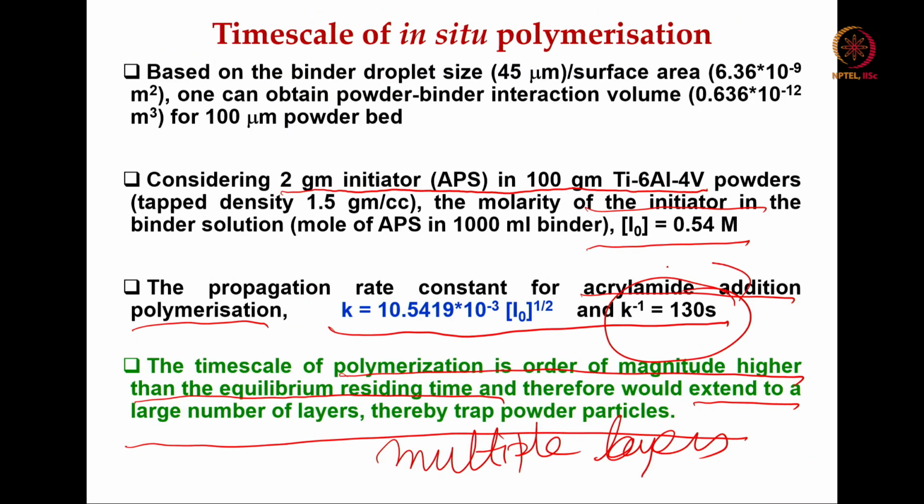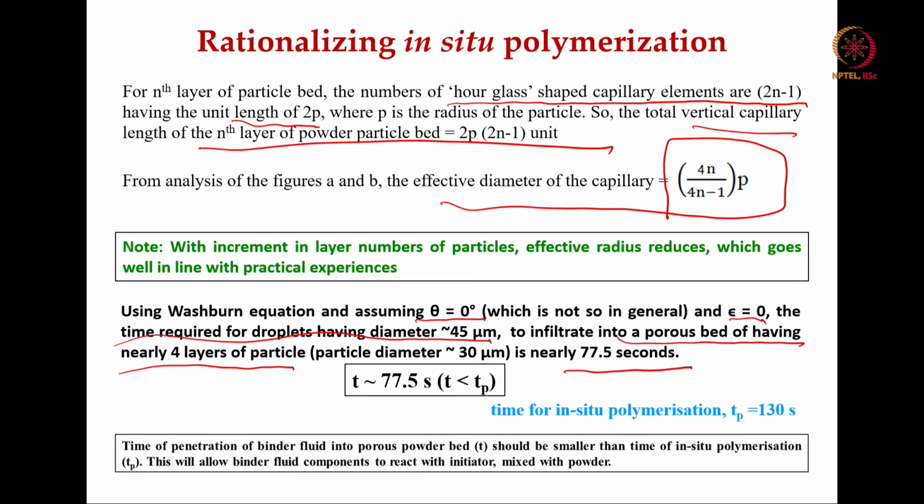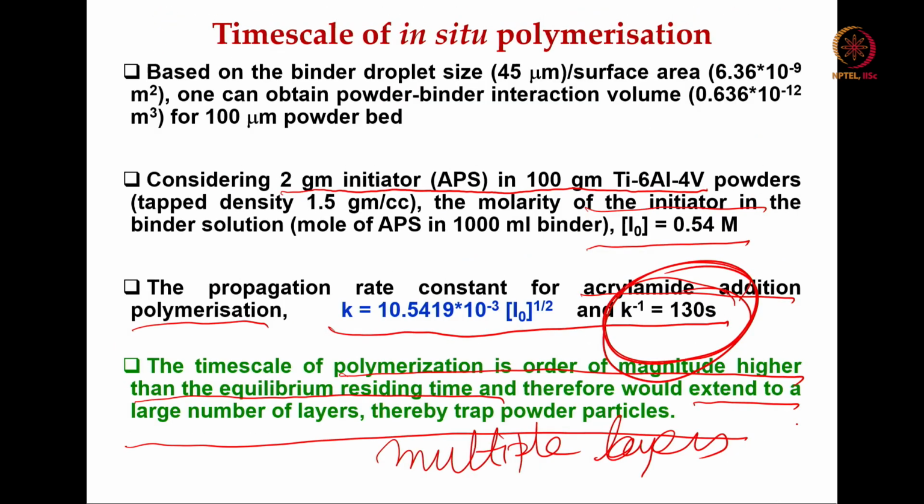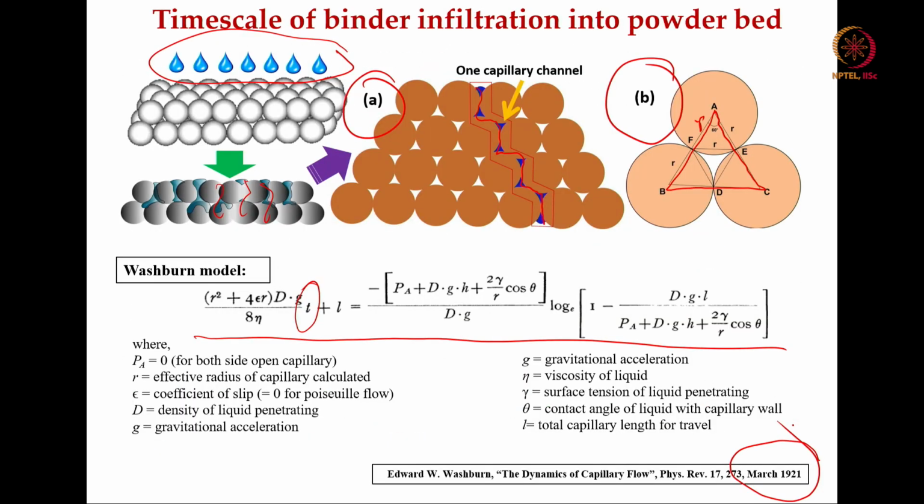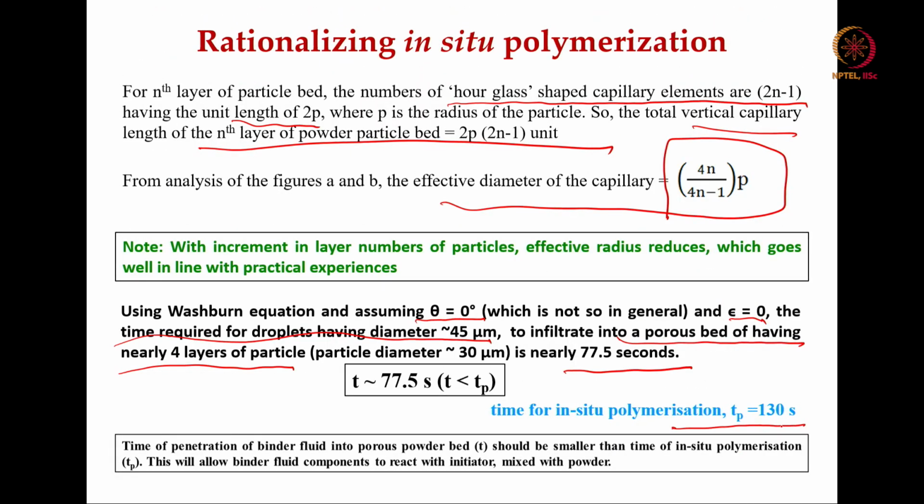In earlier analysis, we found that the acrylamide addition polymerization rate constant is 130 seconds. So, essentially 77.5 seconds is much less than the polymerization reaction constant of 130 seconds.